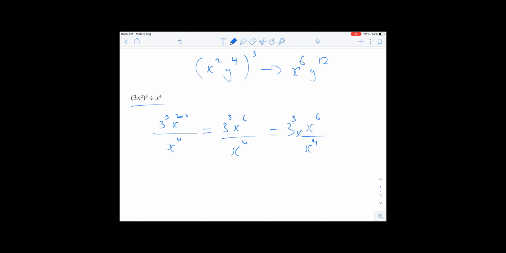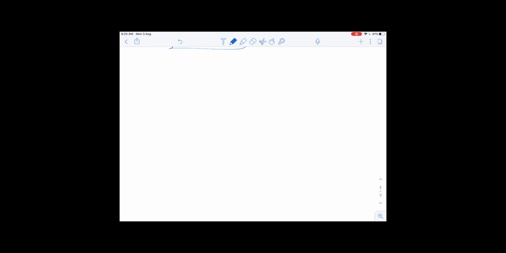This is being multiplied. So this is equivalent to 3 to the power 3 is 27, and now for x to the power 6 over x to the power 4, you can write 6 minus 4, which is equivalent to 2. So x to the power 2. So this is your final answer.